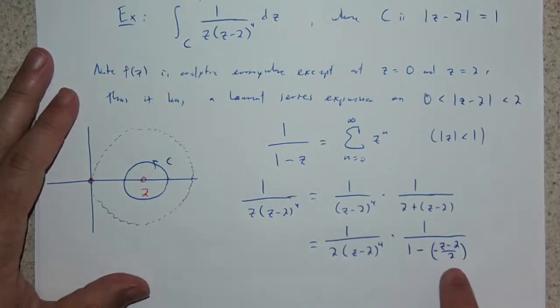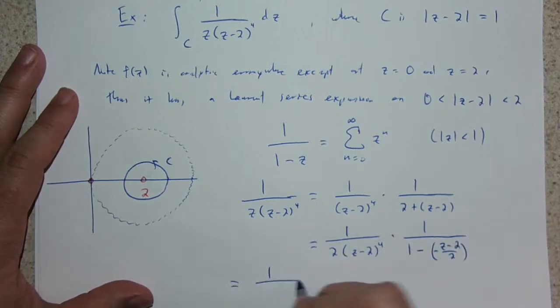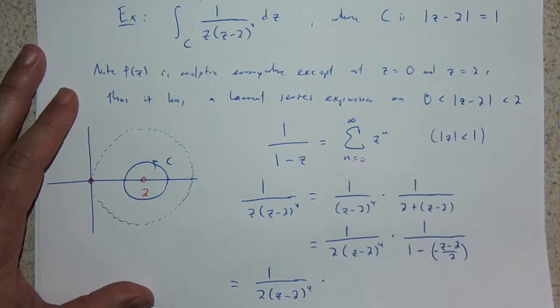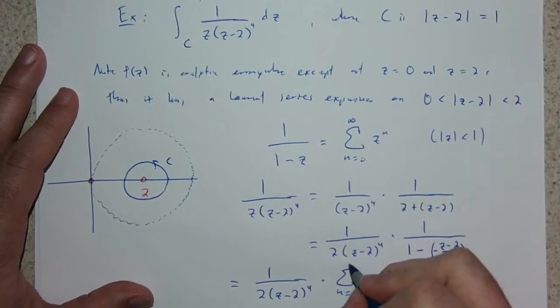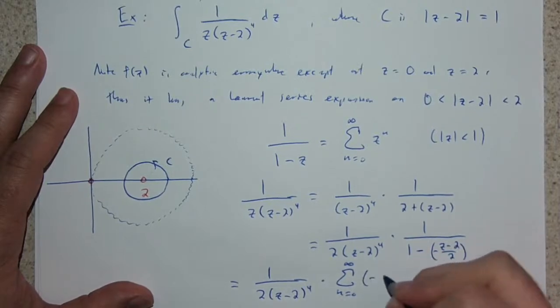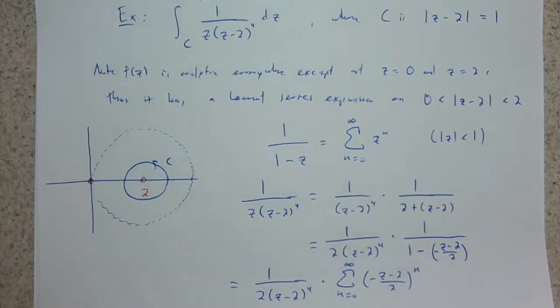And so what is this? This would be 1 over 2 times (z minus 2) to the 4th times, using this directly, the sum from n equals 0 to infinity of negative (z minus 2) over 2 to the n.